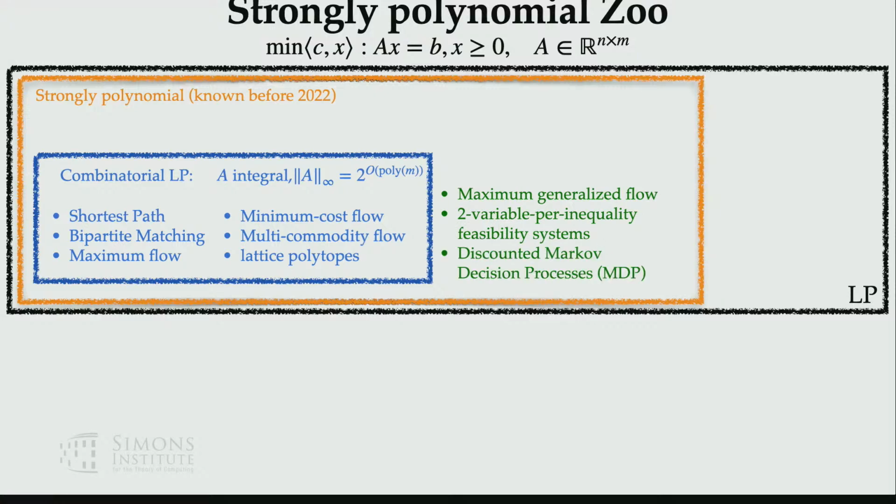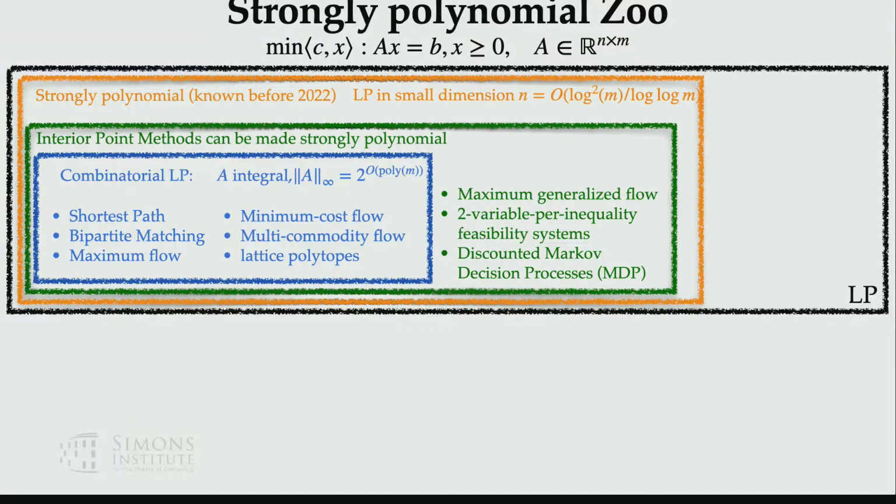People who work on these know their definitions, of course. And also when we are in small dimension, and it turns out that there is one algorithm that is strongly polynomial for all of these. And there were 2 special classes that we don't know yet how to solve in strongly polynomial time. One is general Markov decision processes, and one was the 2 non-zero entry per column problem.